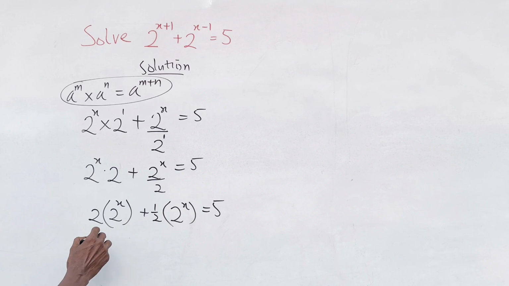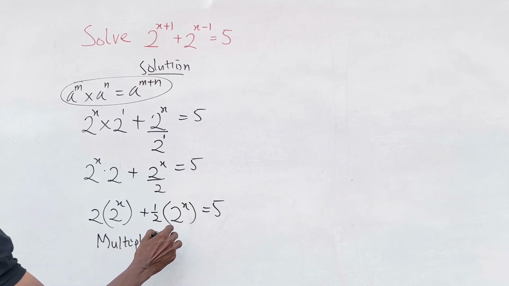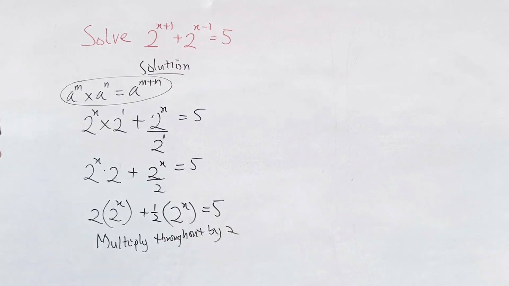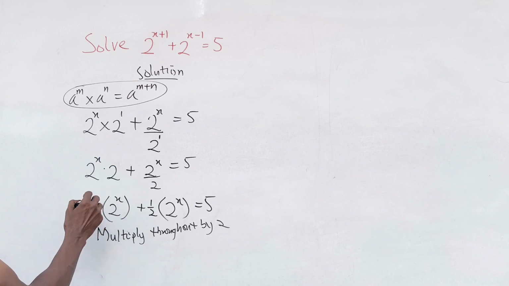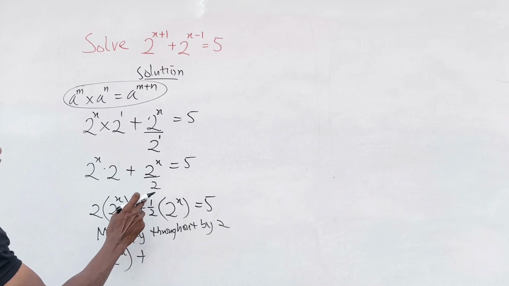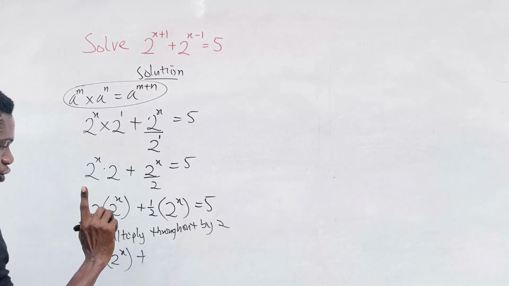So multiply. So we have 2 multiplied by 2, we have 4 into 2 raised to the power x, plus 2 multiplied by half, that's 1.